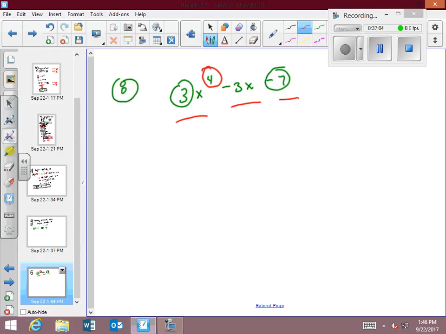So, Sadie, in 13, what's the numerical coefficient of the leading term? 3. Everyone agree? And what is the constant term, Maggie?